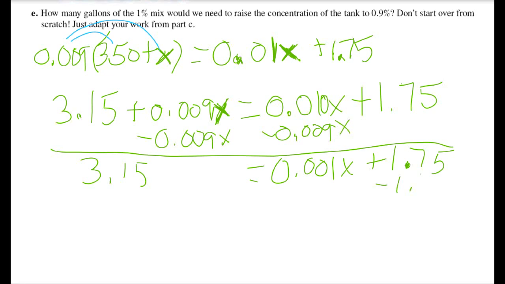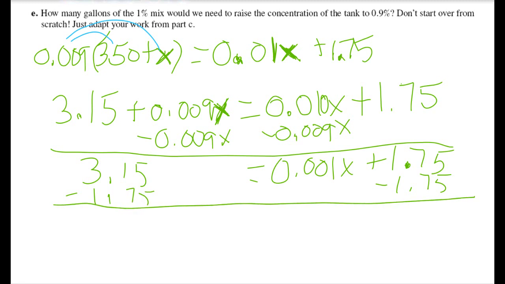Now I subtract 1.75 from both sides. I get 0.001x. My 1.75s cancel out. And 1.40, I believe. And I divide both sides by 0.001.